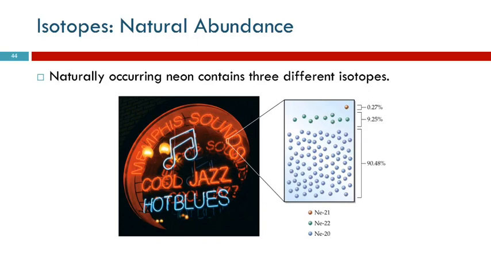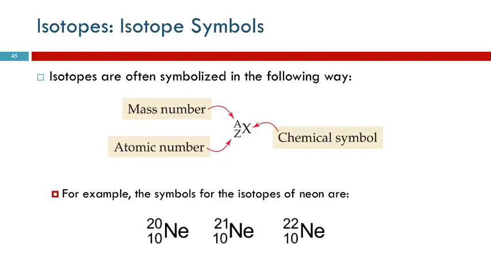Some of them are closer to 50-50, some of them are more like 40-60, whatever. And that's not something that I would expect you to remember. I don't expect you to remember these percentages for neon. I don't even expect you to know which isotopes exist. Okay?